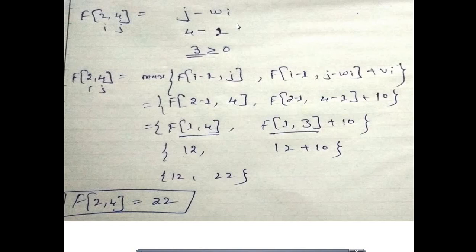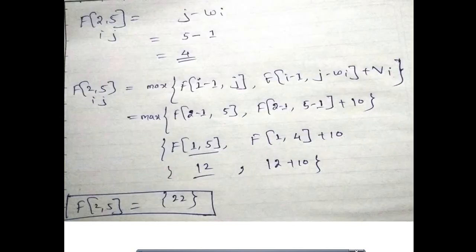Check the conditions. J minus Wi, J value is 4, Wi value is 1, 4 minus 1 is 3, so greater than 0, use this formula. 2 minus 1, 4, 4 minus 1 plus 10. Okay. Now 2 comma 5.